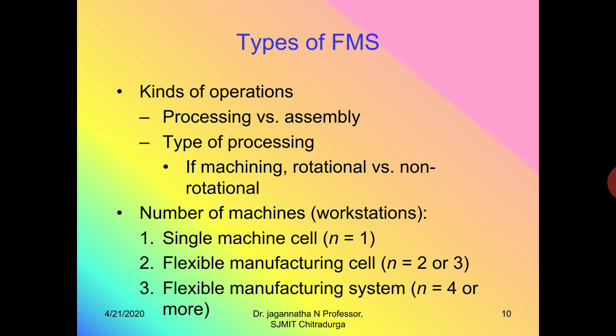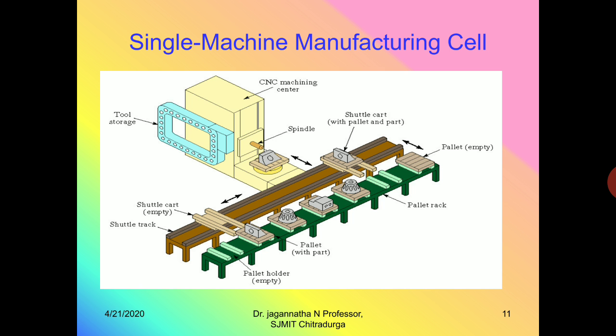Another major classification of flexible manufacturing system depends upon the number of machines, that is, workstations. A single machine cell consists of one machine. A flexible manufacturing system consists of two or more workstations. And the third is a flexible manufacturing system with four or more.